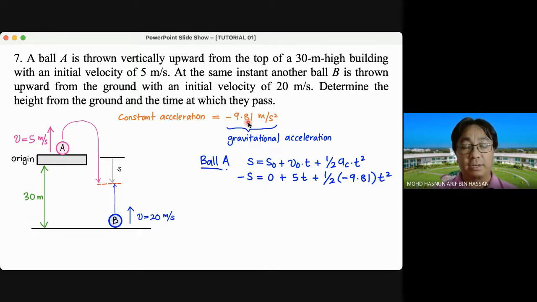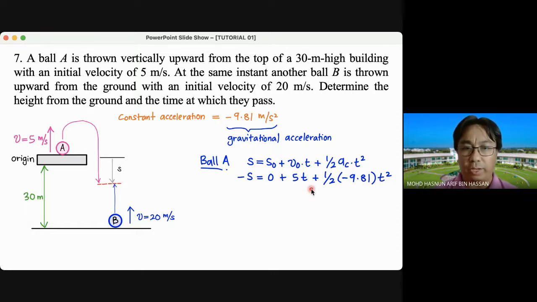So gravitational acceleration ni dia going downwards. Kalau gravitational acceleration tu positif, semua objek ni dia tak akan jatuh ke bawah, dia akan naik ke atas. So it's not the case. Whatever object is dropped from a certain height in this world, it will go down. Bukannya dia naik ke atas. Okay. So gravitational acceleration is negative 9.81 t square.